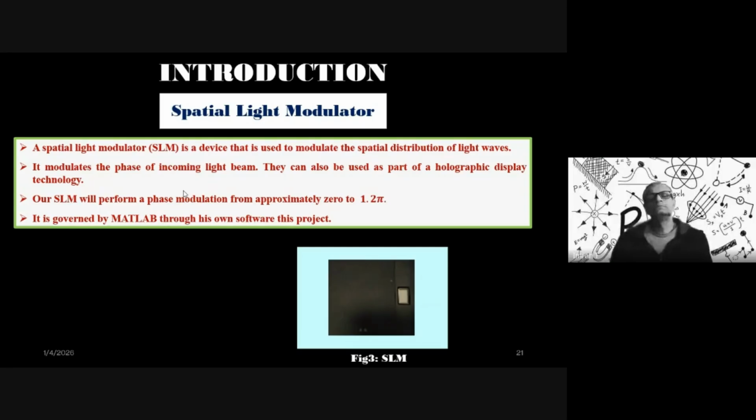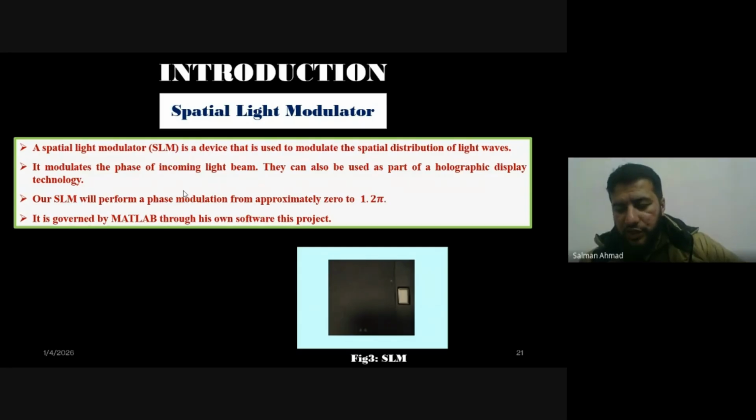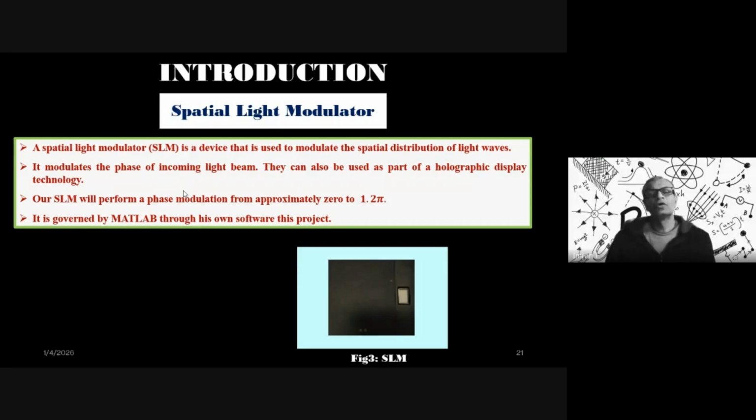But here in our case, we can easily put tissues or different cells, specimens near the sensor, by using a slide or something like that, to fall light on that slide and record on the sensor.